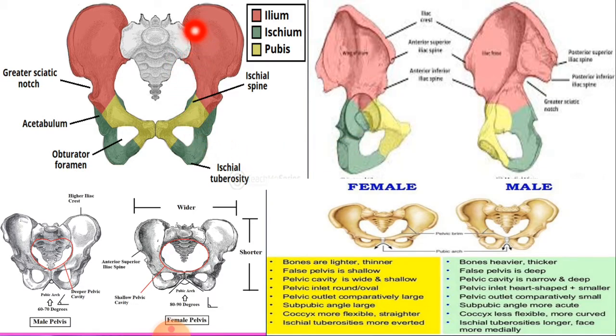Here you can appreciate another joint, which is between the sacrum and the innominate bone, and we are calling it the sacroiliac joint because the joint is between the ilium and the sacrum. That's why we are calling it the sacroiliac joint, and it fibrosed at later life.